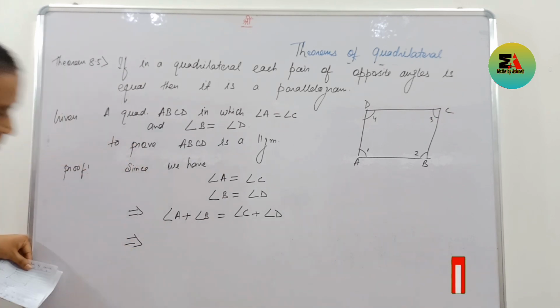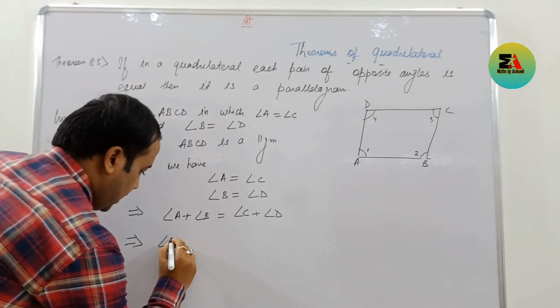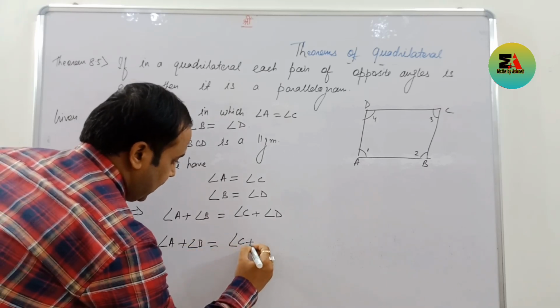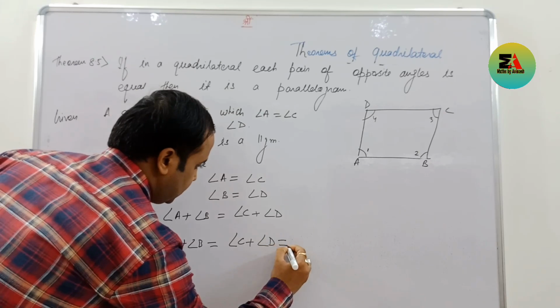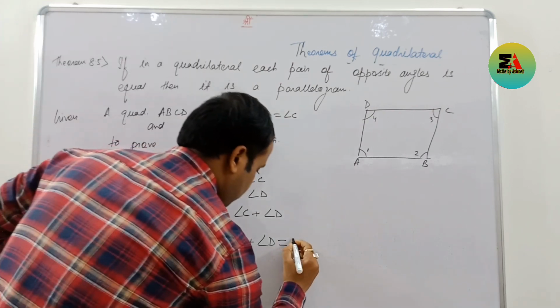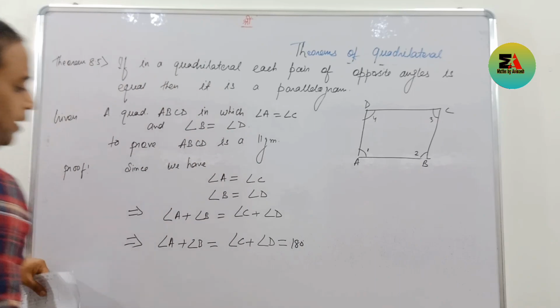This implies that angle A plus angle B is equal to angle C plus angle D is equal to 180.